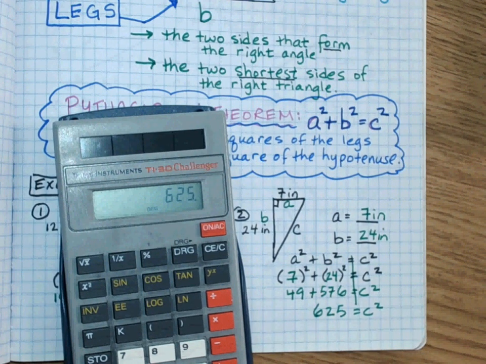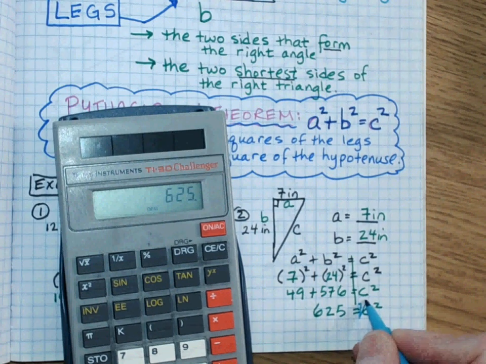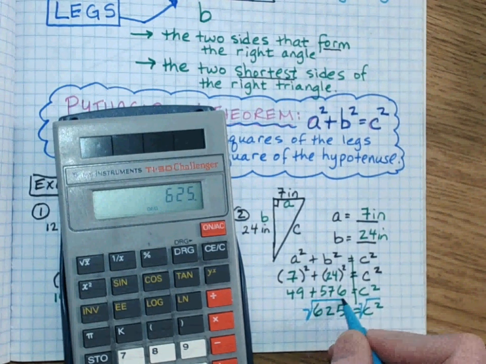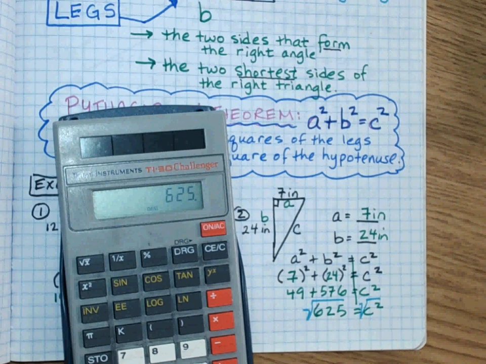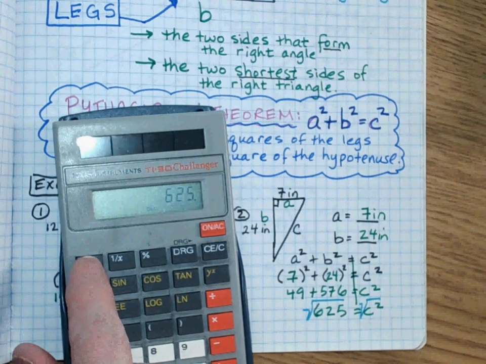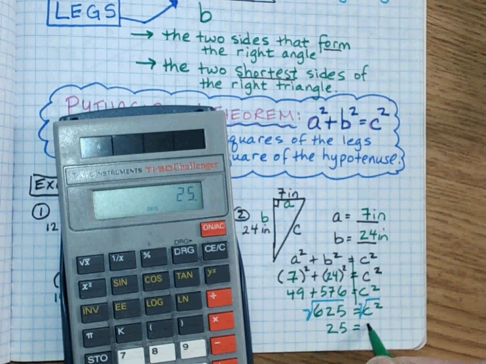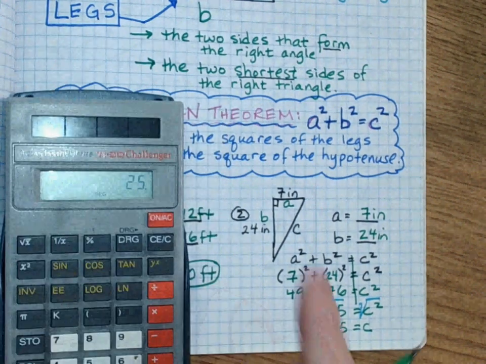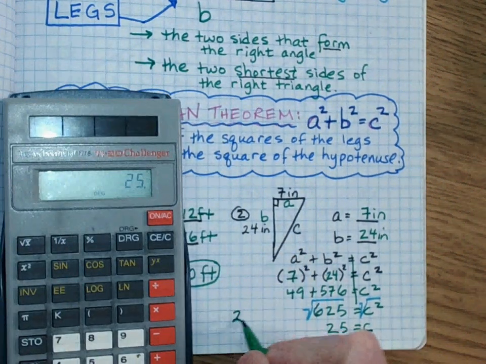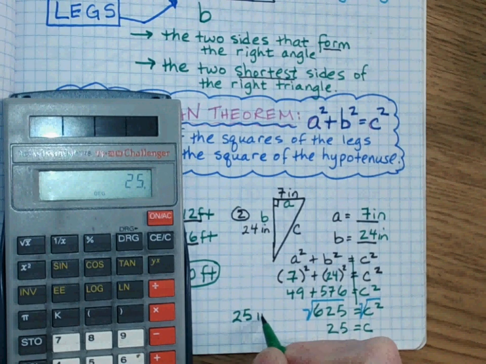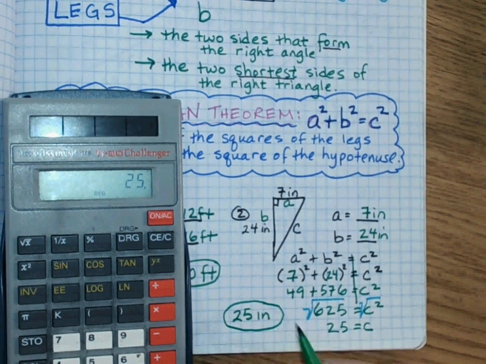Again, to find c, I have to do the inverse operation. The inverse of squaring is square rooting. The square root of 625, I press the square root button, get 25 equals c. So the unit here is inches. So it is 25 inches.